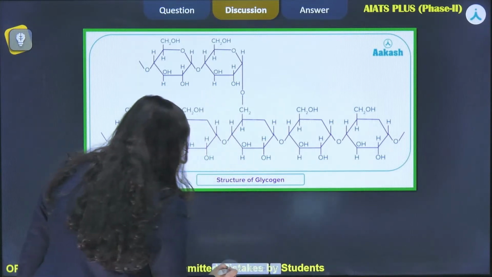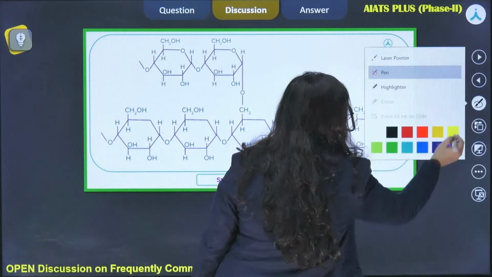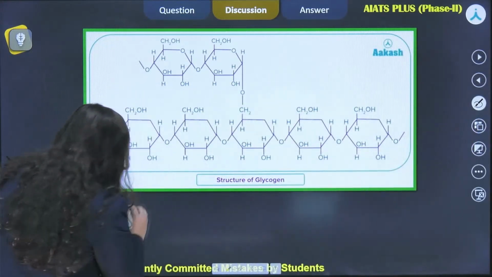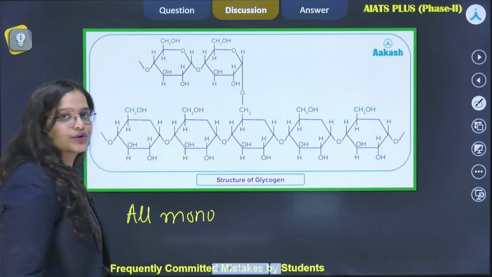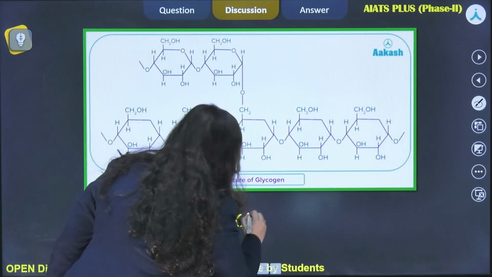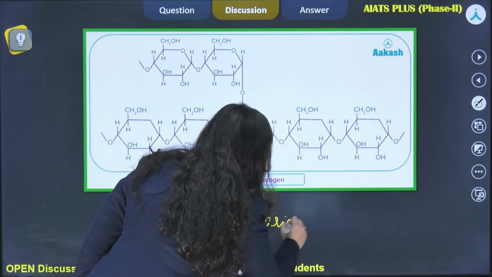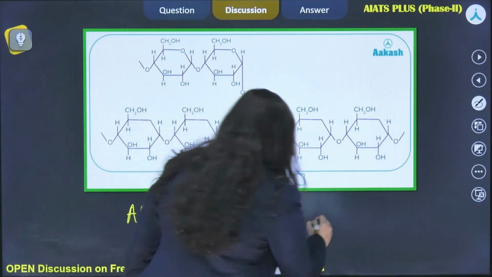So we say that all monosaccharides like glucose, fructose, ribose, etc. are reducing in nature because they have a free aldehyde or a ketone group.